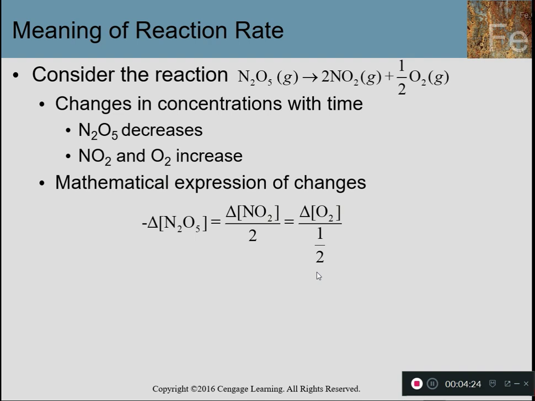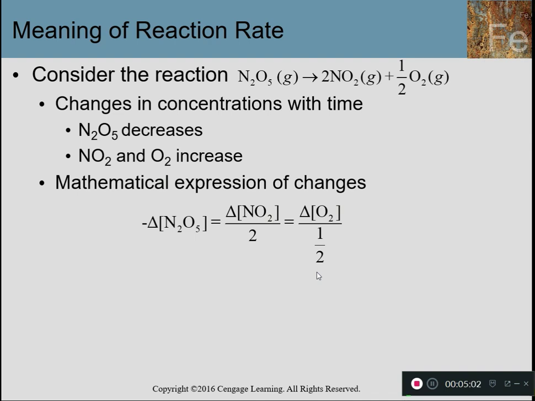While this reaction occurs, N2O5 is going to go away, but for every 1 mole of N2O5 that is decomposed, you're going to make 2 moles of NO2 and 1/2 mole of oxygen. What that means is the rate at which N2O5 changes is going to be half that of NO2. So if I want to make them equal, I take NO2's rate, the amount of change over time, and divide it by 2 to make them equal.